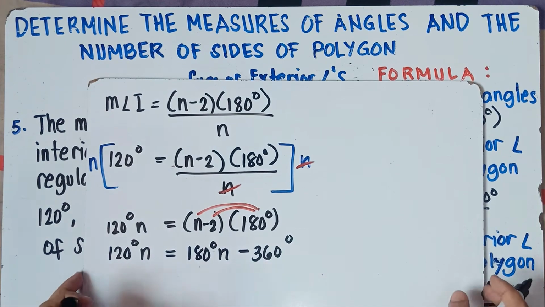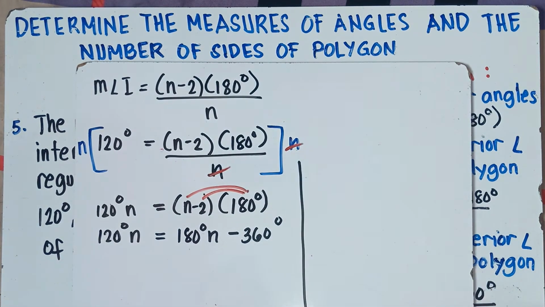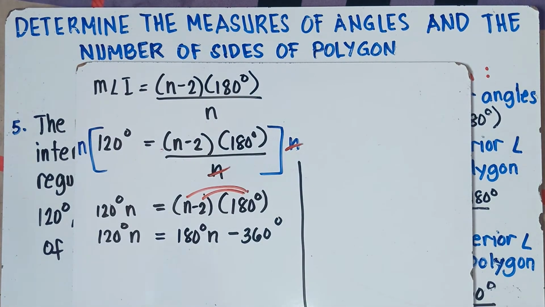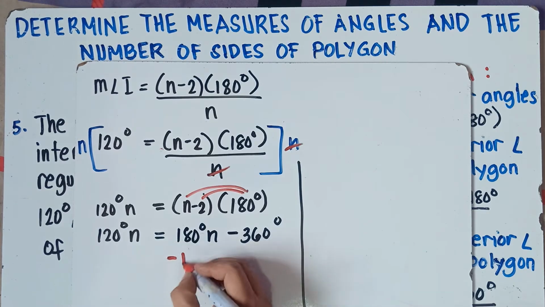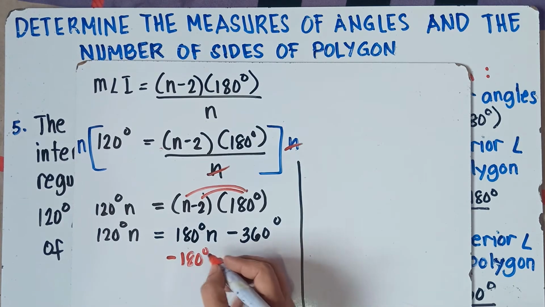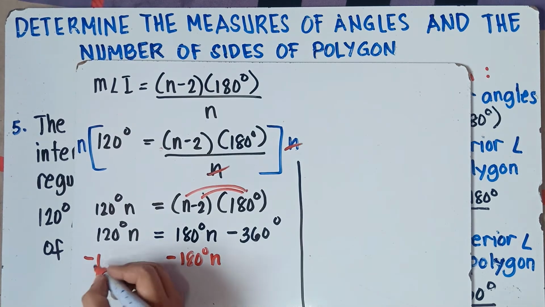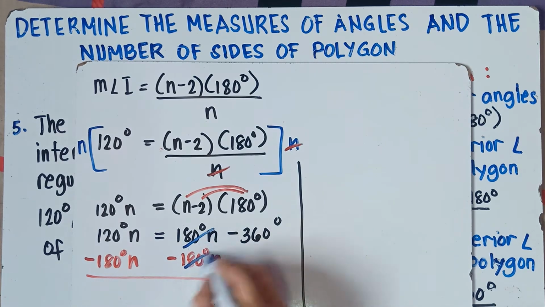Alright, so once again, in this scenario, class, you have another two solutions. First solution, we can do the properties of equality. We can subtract both sides by 180 degrees n, the subtraction property of equality, so that we can cancel this out.